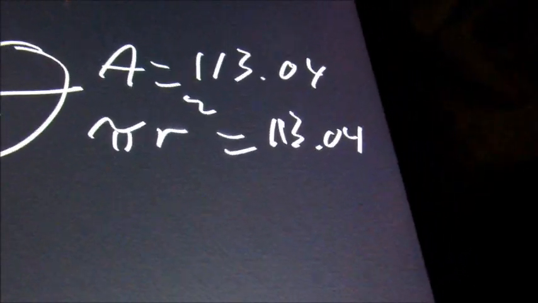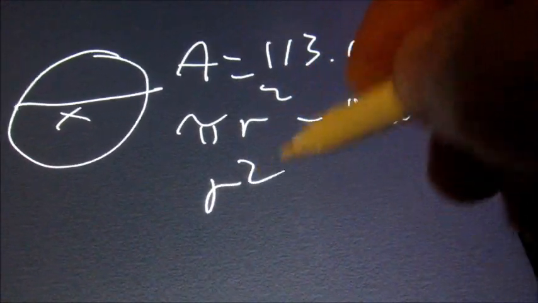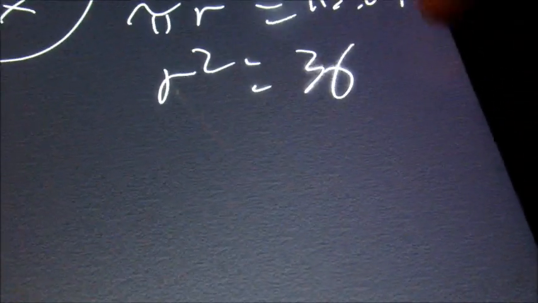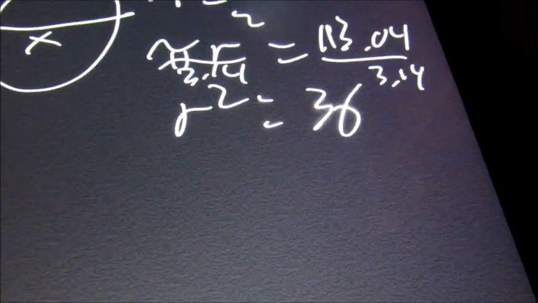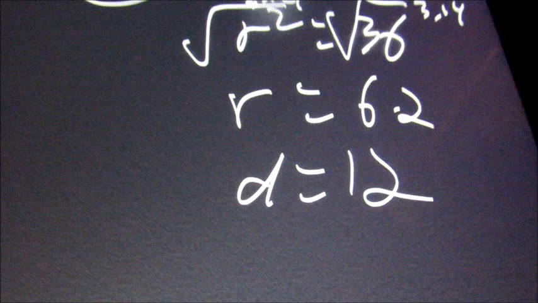Divide both sides by 3.14, which is pi, and you're going to get r squared equals 36. And now you take the square root of both sides, so you get r equals 6. But we need to find the diameter, so we need to multiply this by 2. So the diameter equals 12.